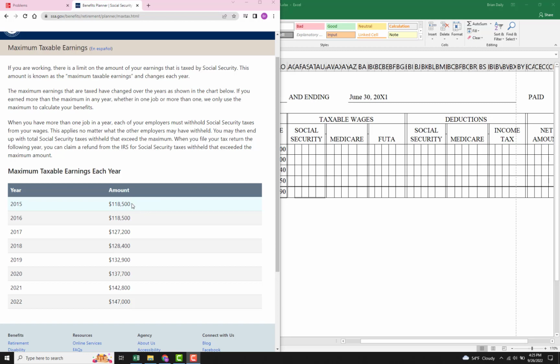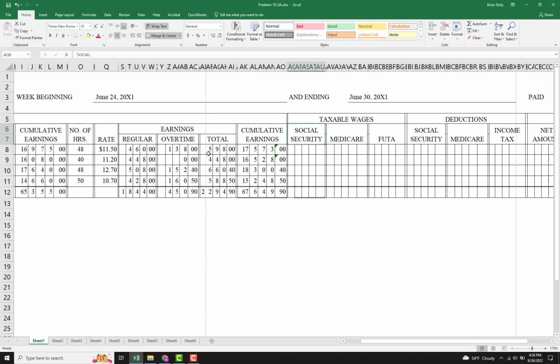This limit applies to each individual employee's earnings for the year. So if they earn over the limit amount, then the employee's earnings are no longer taxable once the earnings reach that amount. So we're going to use that $132,900 as our limit in this problem.